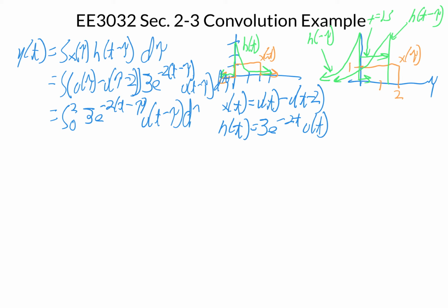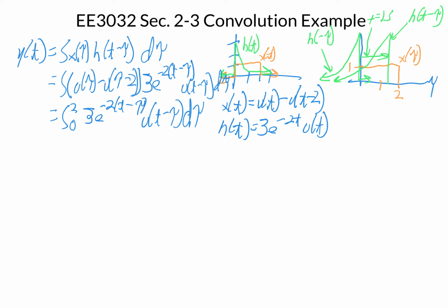The graph here shows us what's happening for this integral as the independent variable t goes from the value 0 to t being positive values. Then this green function and the orange function overlap. And if I let this variable t go to negative values, then the green function moves to the left and does not overlap the orange function.